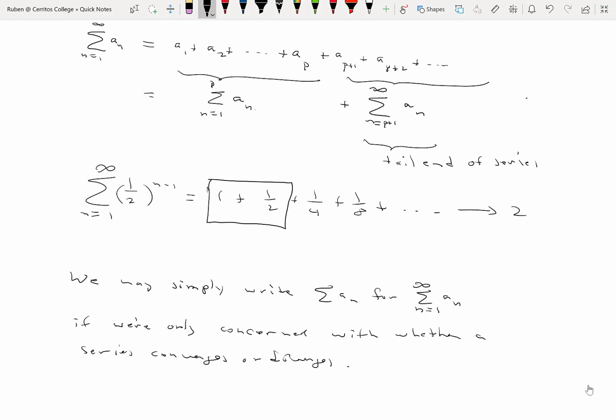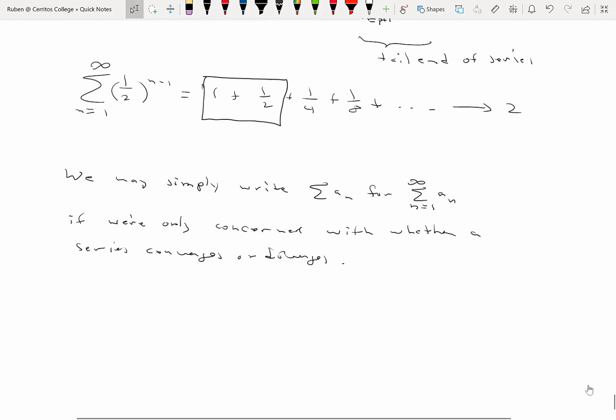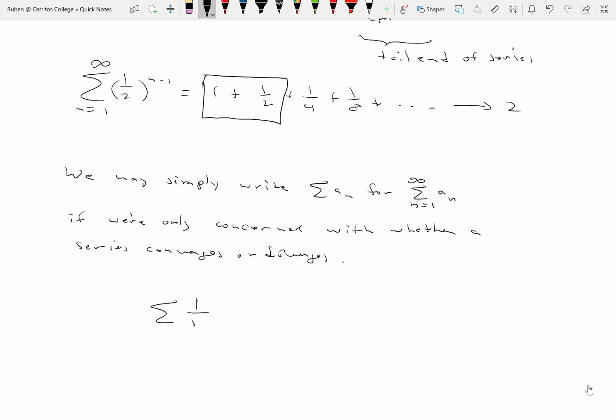If we're not worried about the value of a series, we can simply write, specifically for the harmonic series, the sum 1 over n. It's always assumed for series that we're going to infinity, so there's no need to write infinity as the upper index of summation. And it's not important if this series starts at 1 or 50 or 5 million or a trillion. If we're only considering whether the series converges or diverges, where we start the series is unimportant.